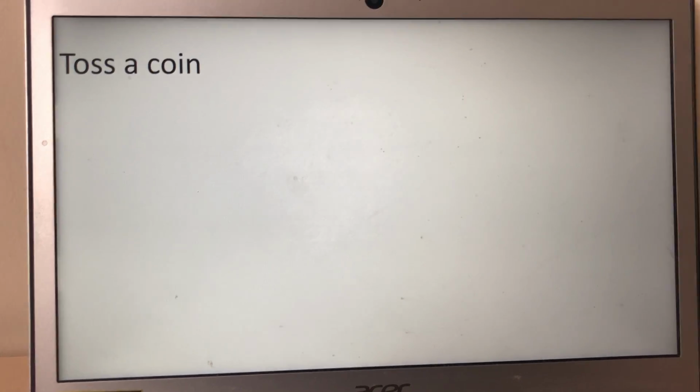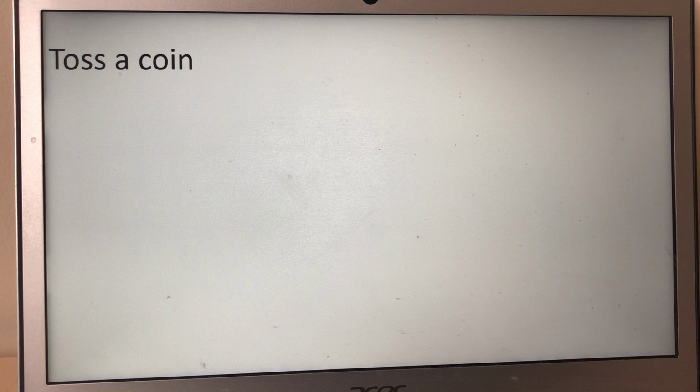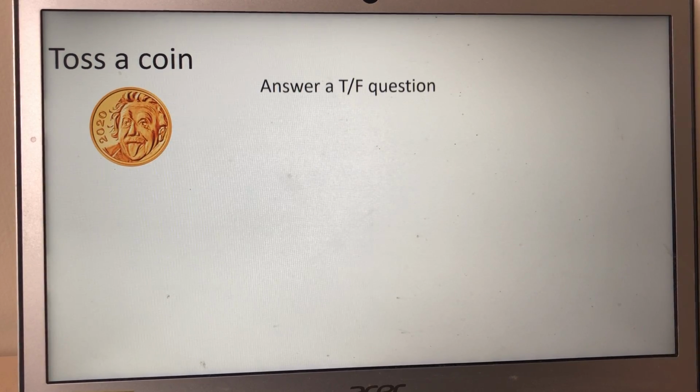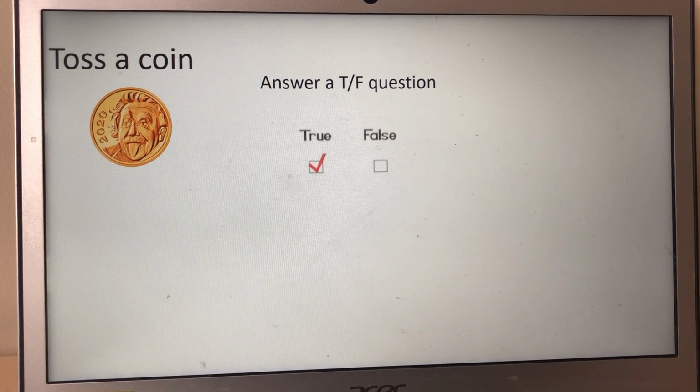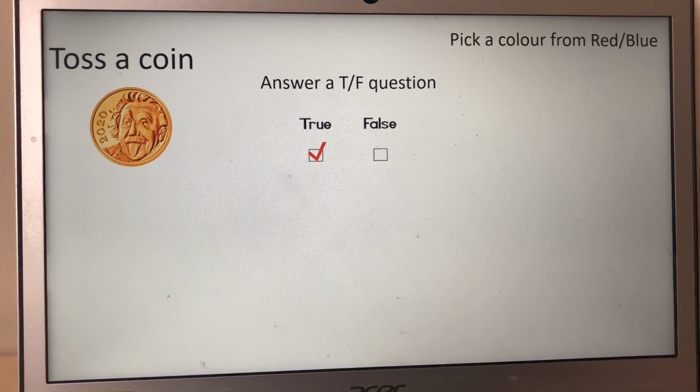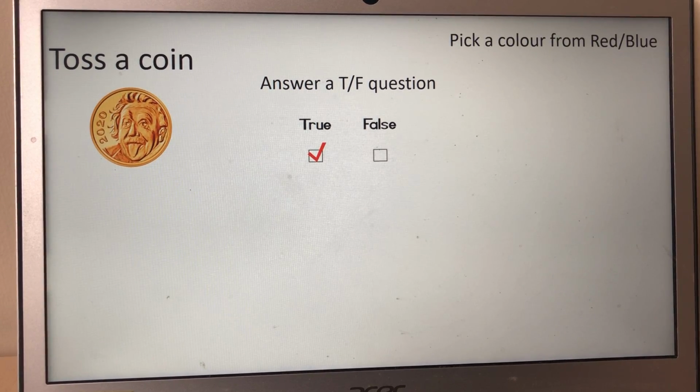So, you have to tell me one of them is different from the rest of them. So, please pay attention. First of all, toss a coin. And then, the second event is answer a true or false question. The third event is pick a color from red and blue.